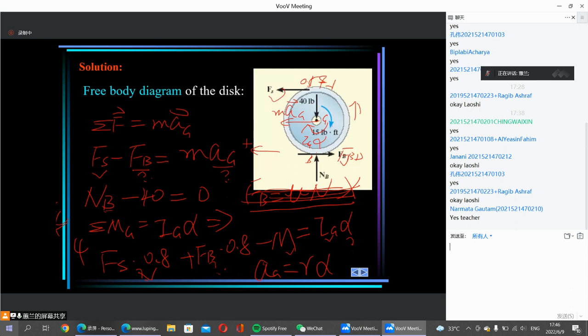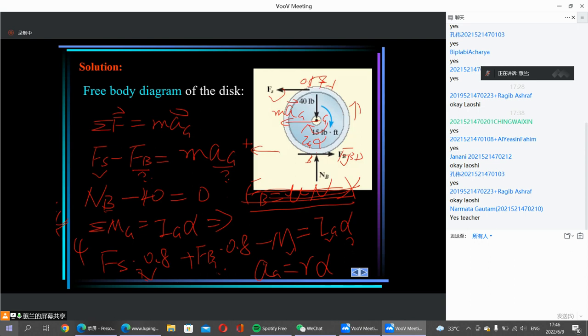Okay, I repeat. If I ask you to find the friction force, the acceleration of the mass center and the angular acceleration of the disk when it moved to the final position, that is, after the mass center moved 0.5 ft, how to do that?